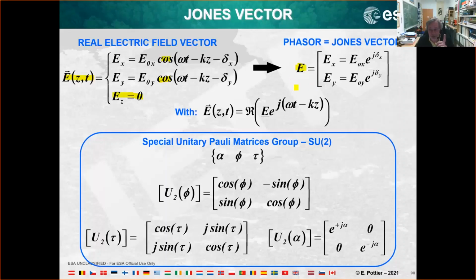And it will be, in fact, the output of my antennas when I make some measurements. The output of my horizontal antenna will be this information. The output of my vertical antenna will be this information.